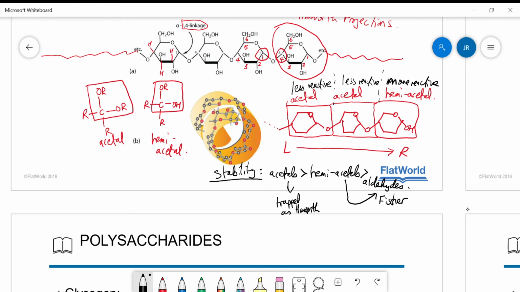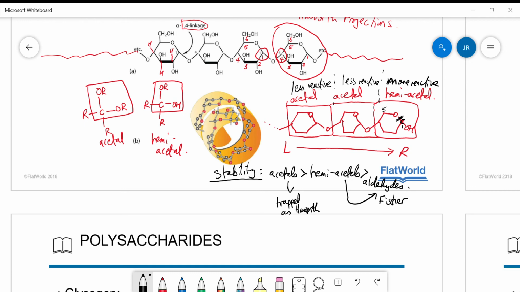Essentially, you break this bond here, and then you've got your carbon 1 and your carbon 5 again. So again, the hemiacetal is free to open up, form its Fischer form, and what can happen with a Fischer form? It can be attacked by Benedict's reagent.